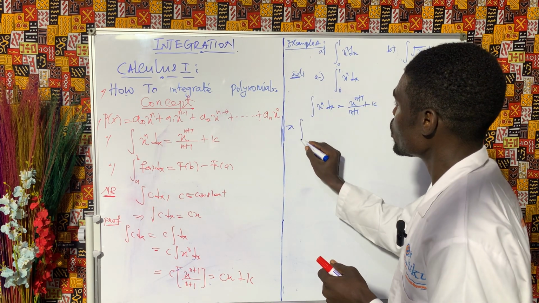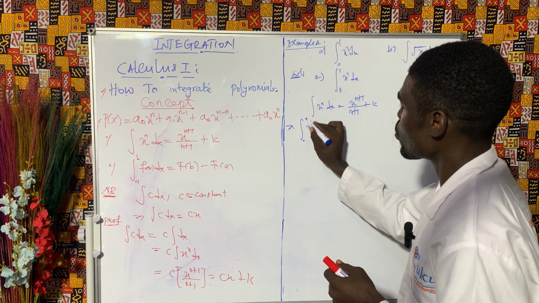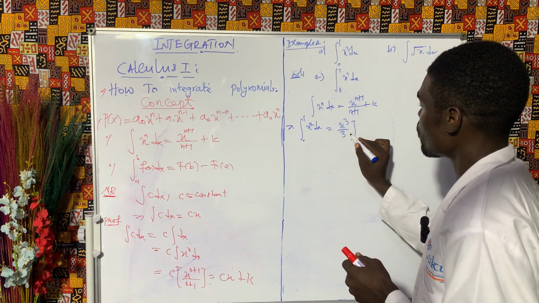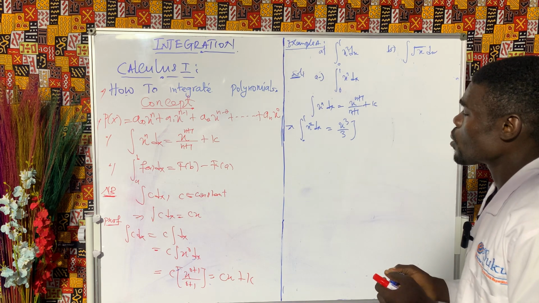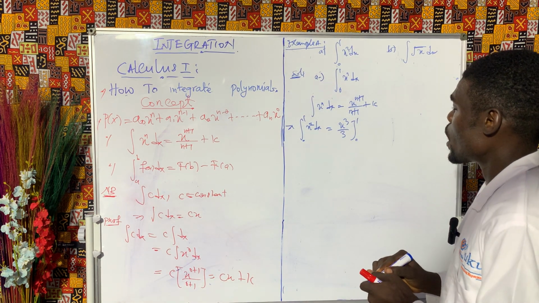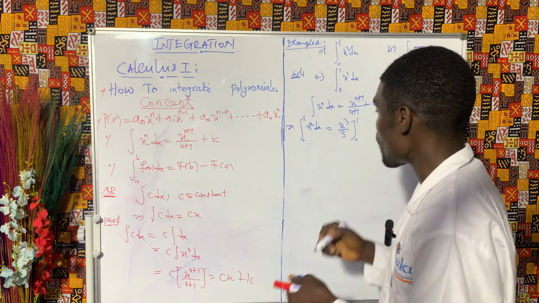So for our function, the integral of x squared dx from 0 to 1, we'll have x cubed over 3. Now, because our function is bounded, we are bound to use the bounds, recognizing that 0 and 1 are the bounds, 0 being the lower bound and 1 being the upper bound.